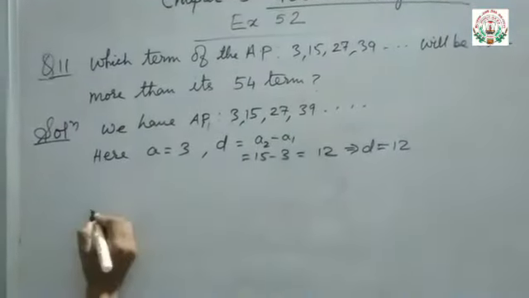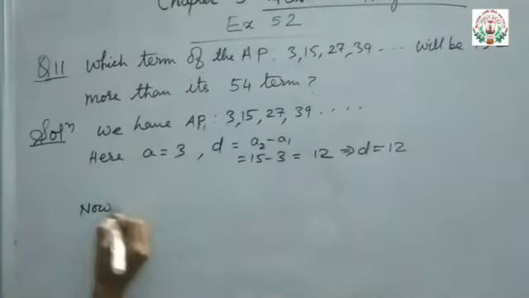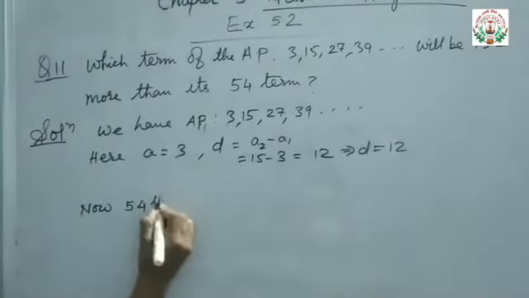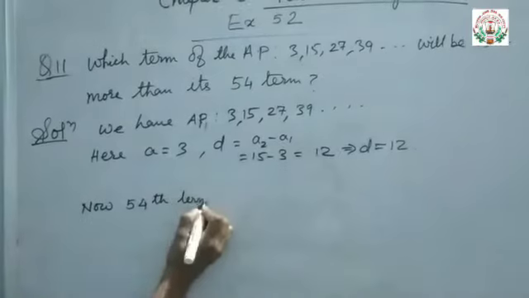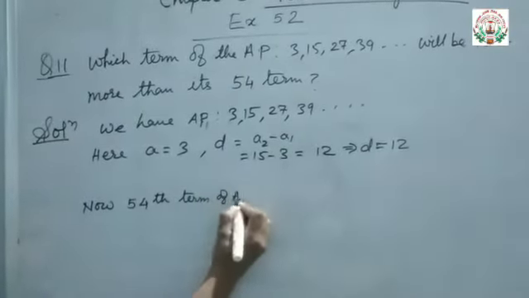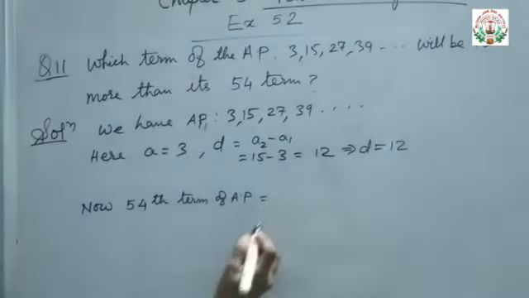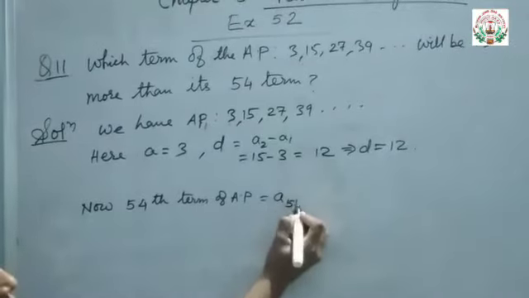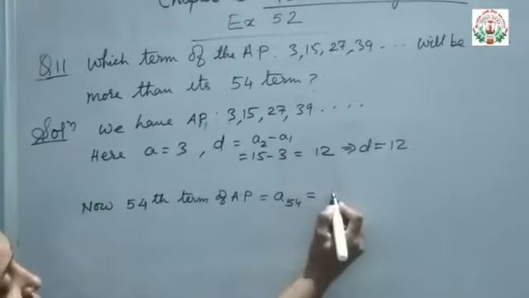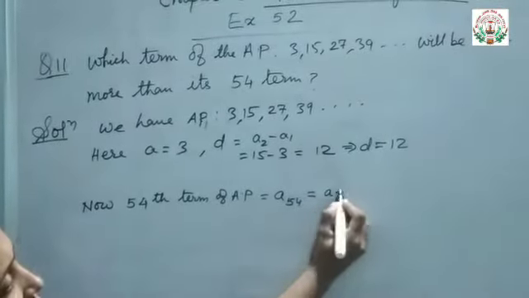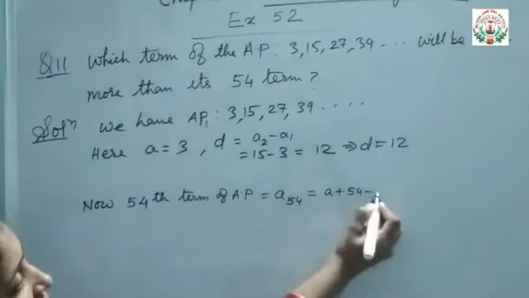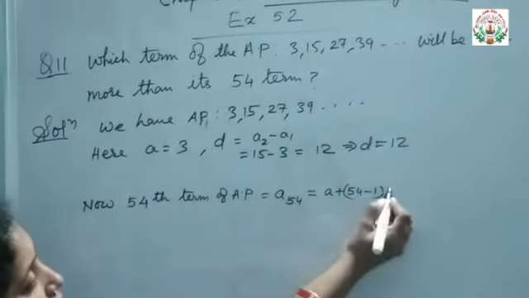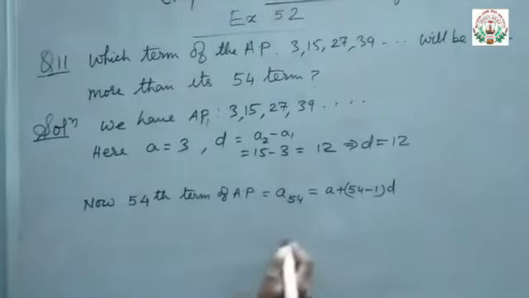Now the 54th term of AP equals to what? A54 equals to A plus 54 minus 1 into D. Now put the values here.